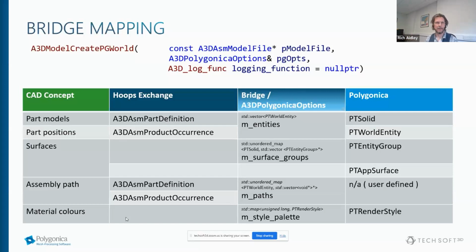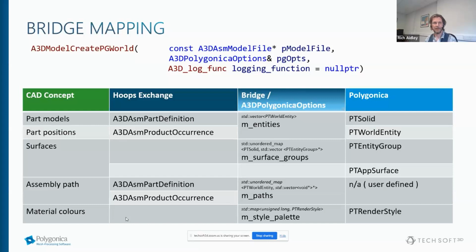And you pass in the world, the PT world that you've created from Polygonica for it to be filled in, and you'll get out a list of parts, where those parts are, and the surfaces, and so on. So we can see here in the mapping, part models in HOOPS Exchange are going to be these A3D ASM part definition objects, and they'll be mapped to PT solids in Polygonica. But what we get out is a PT world entity, which will have as its child one of these solids.